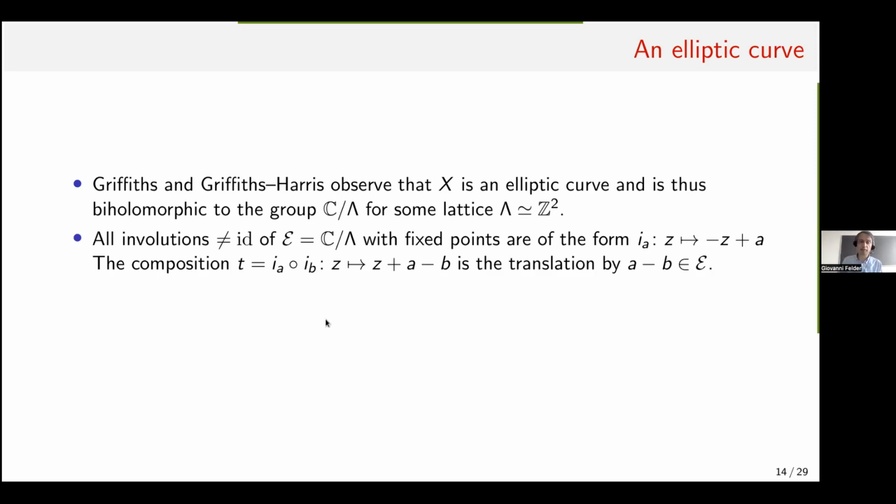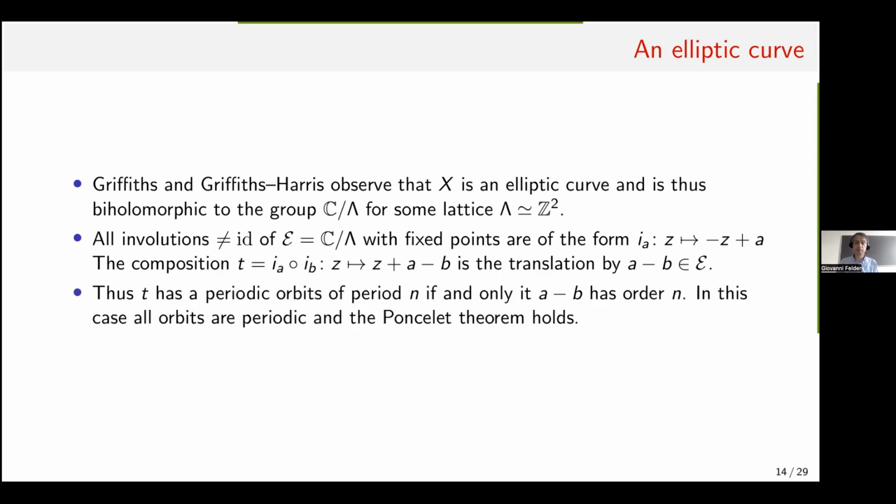So this is kind of without calculation in some sense, except that you have to understand that it is an elliptic curve. You can deduce that you have this Poncelet property, because if your map is a translation of your elliptic curve, then either all orbits are periodic or no orbit is periodic. So this map T has a periodic orbit of period n if and only if this a minus b, corresponding to the two involutions, has order n.